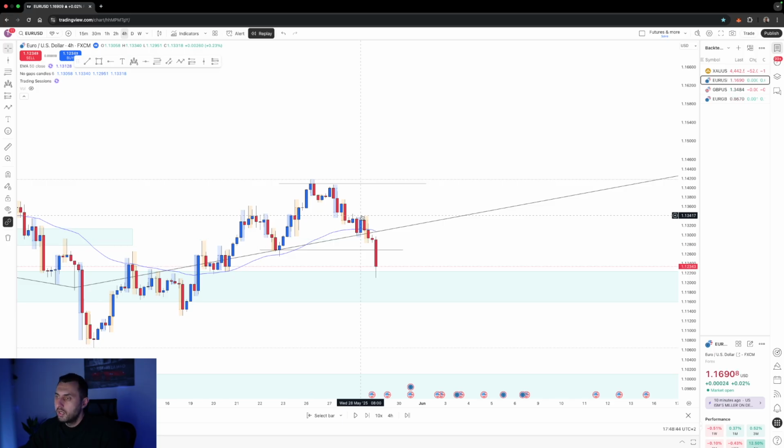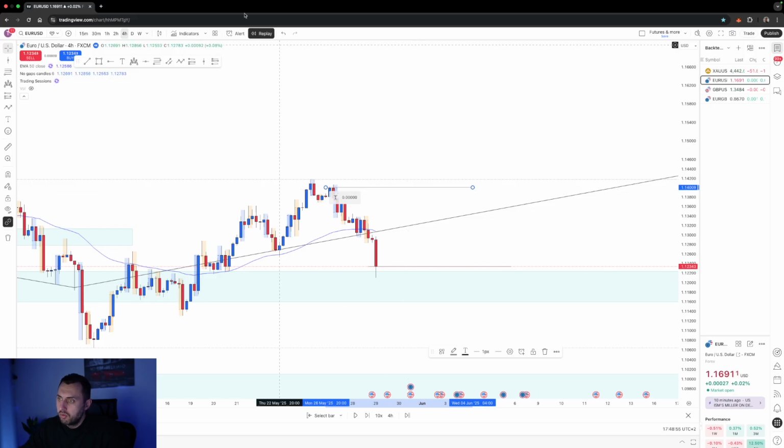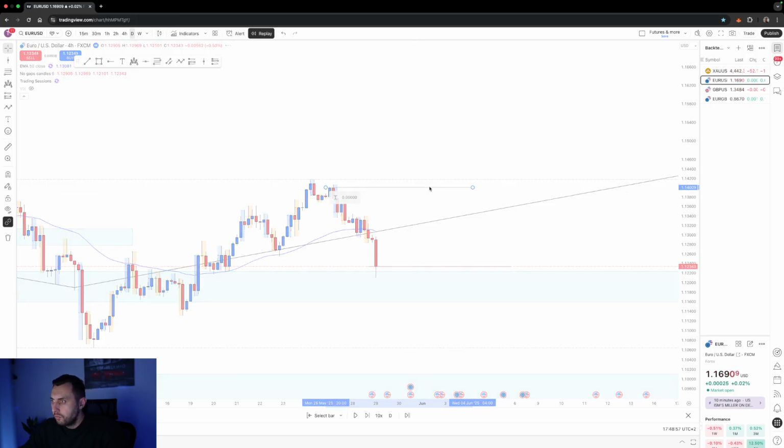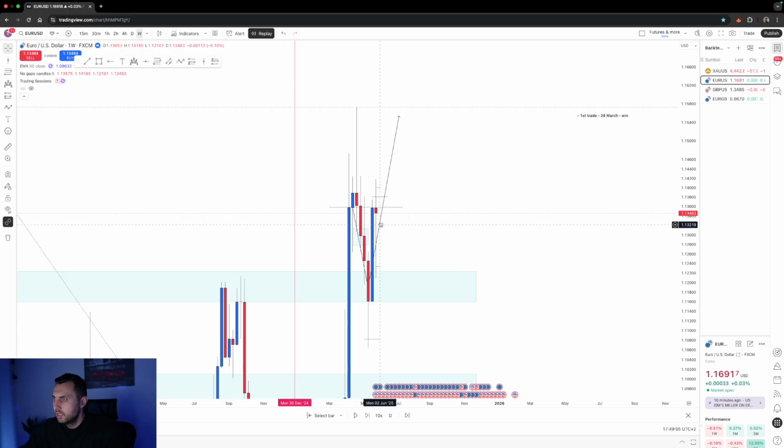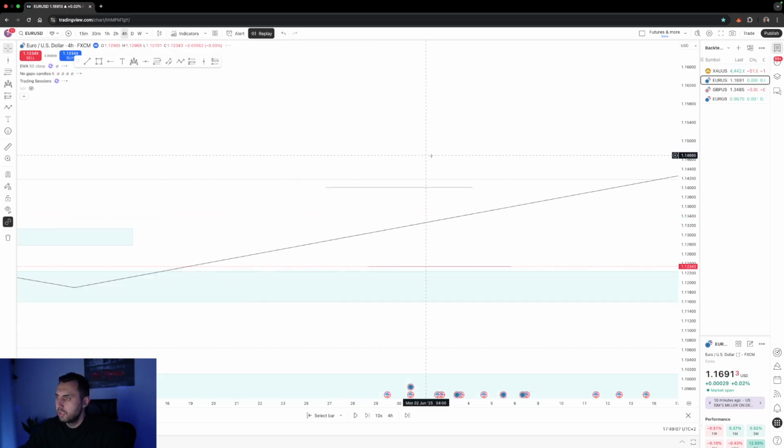The price didn't end up creating a bullish candle, but became bearish basically on 4-hour. Daily, it's not correlated correctly, and weekly, it's in the same place.